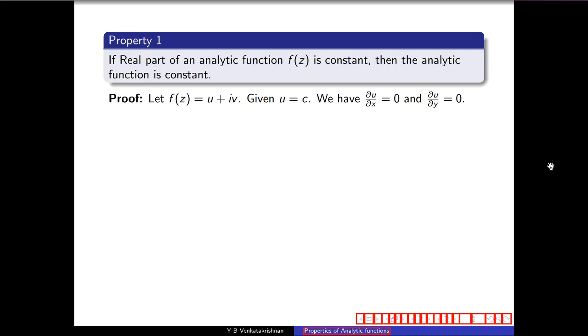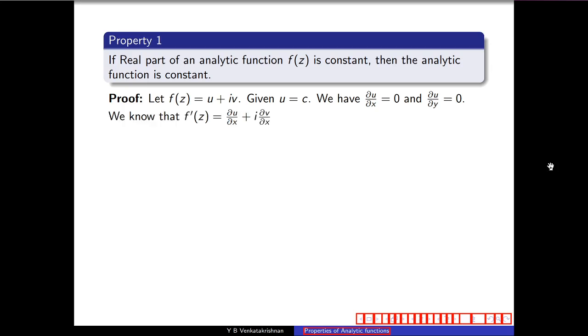So u is taken as some constant c, and when I find the partial derivative of u with respect to x and y, you know that dou u by dou x is 0 and dou u by dou y is also 0.